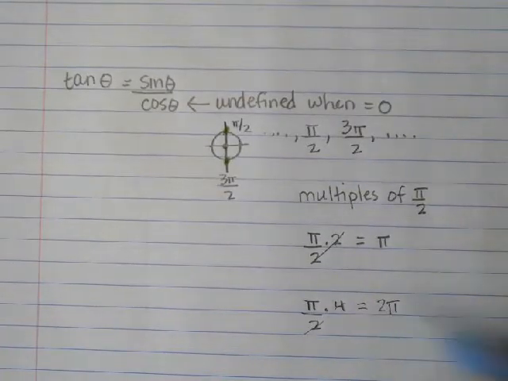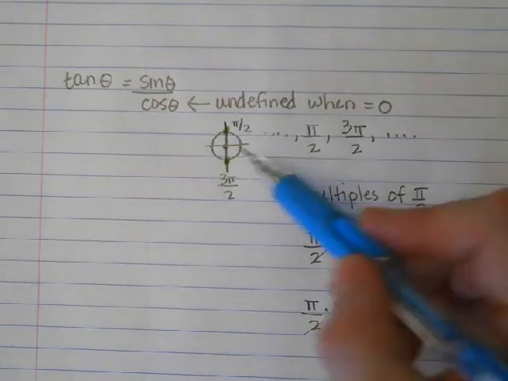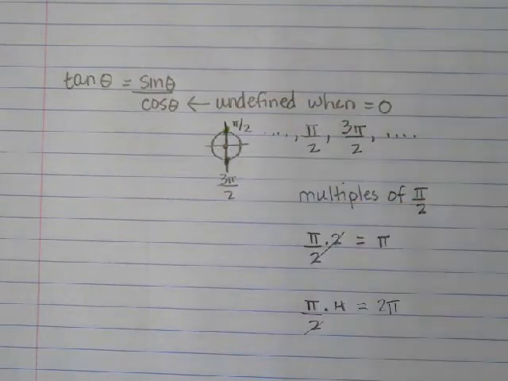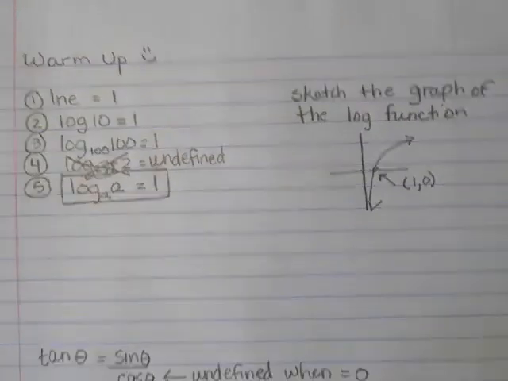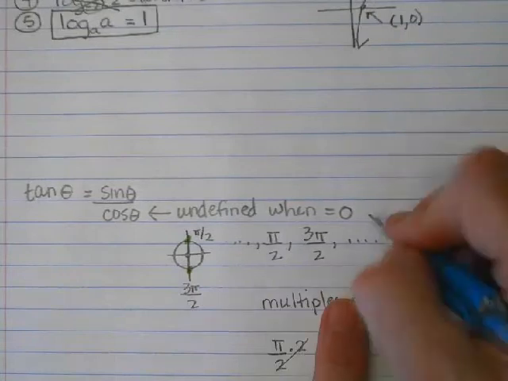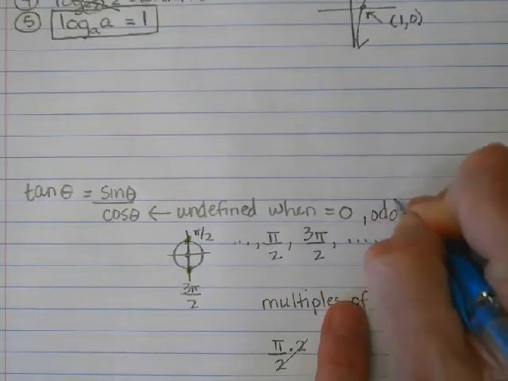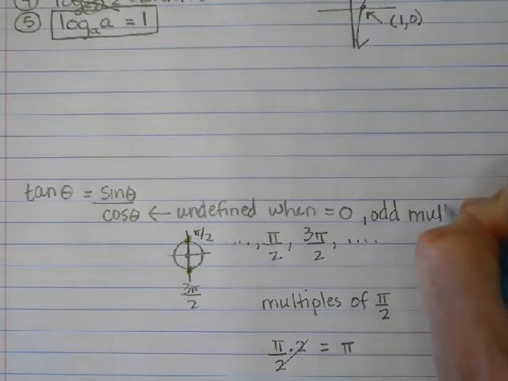Well, the cosine of 2 pi is 1, not 0. So it's not multiples of pi over 2, it's odd multiples of pi over 2. Okay, so cosine is undefined at odd multiples of pi over 2.